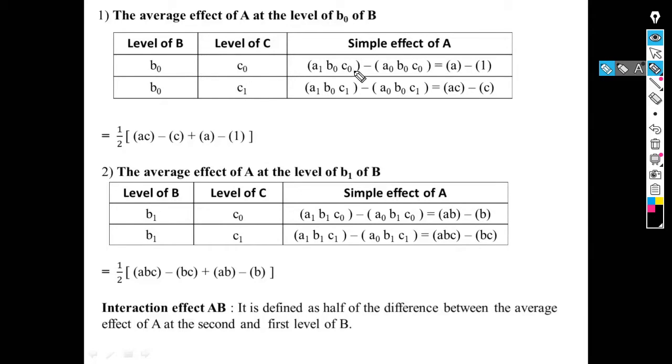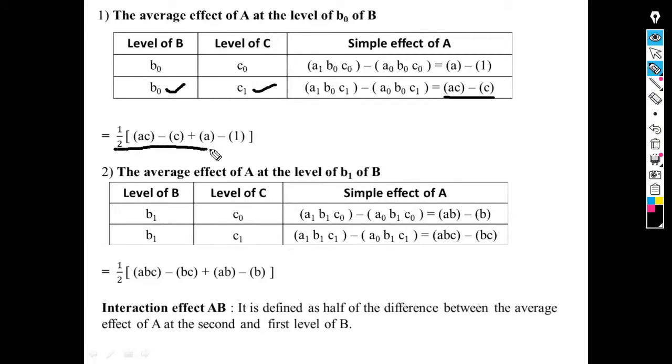Here the simple effect of A is A1 B0 C0 minus A0 B0 C0, so we get a minus 1. Then second, factor B is at the first level and we consider C1. So we get A1 B0 C1 minus A0 B0 C1, which can be written as ac minus c. Now take the average of these two simple effects at level B naught of factor B. So we get 1 by 2 times (ac minus c plus a minus 1).